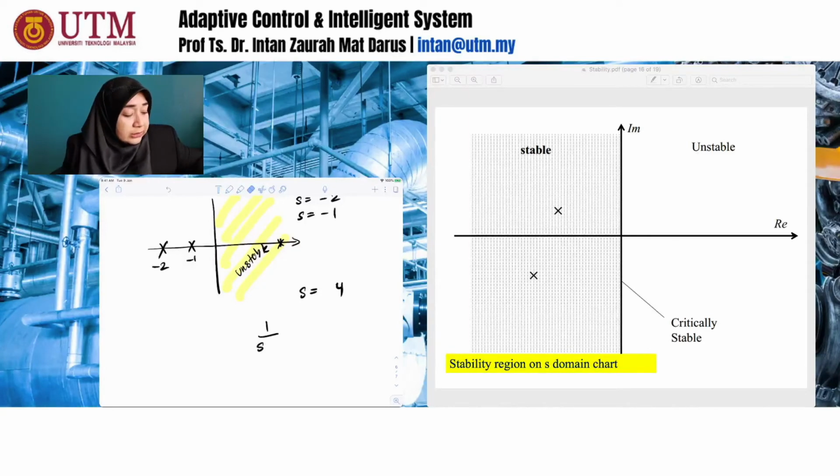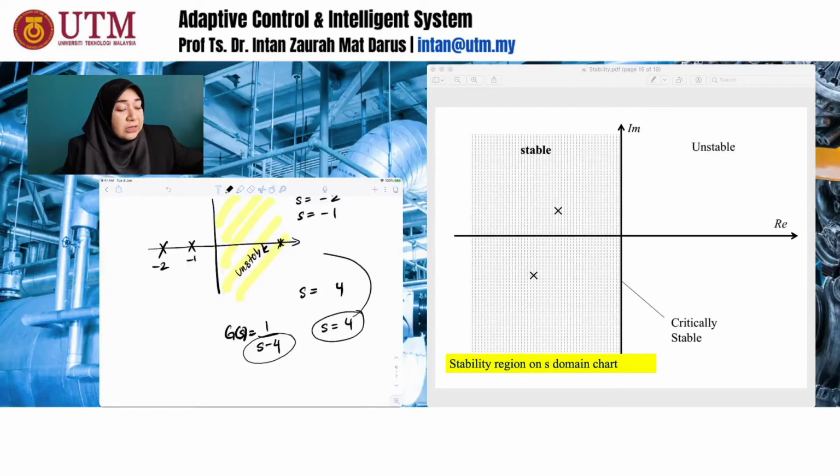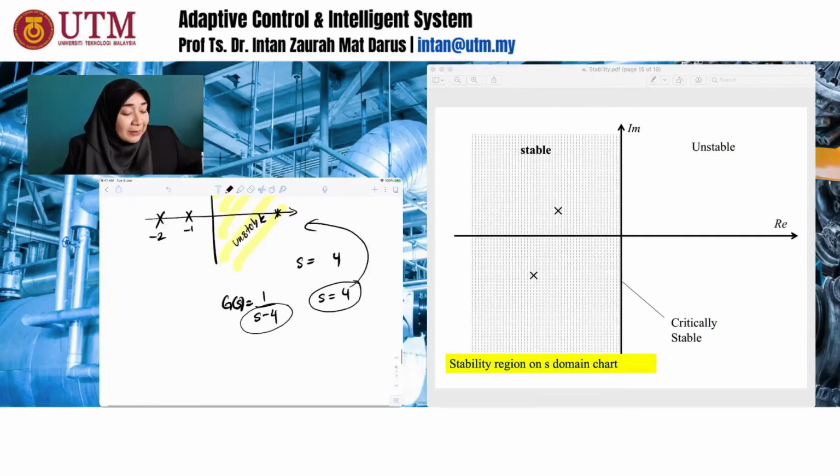Okay, so it can come from something like a transfer function of 1 over S minus 4, all right? Then if I look at the poles here, it's going to give me S equals to 4. If I take the Laplace transform and do the inverse Laplace of this, I will get my G(S) in terms of Y(S) maybe, right?